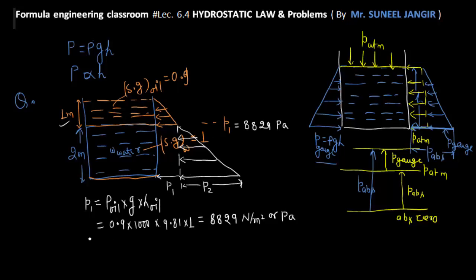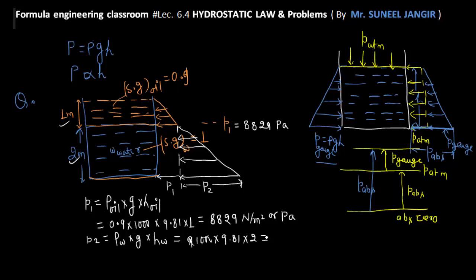So we can write P2 is equal to rho of water into g into h of water. Rho of water is 1000, g is 9.81, and h of water here is 2 meter.